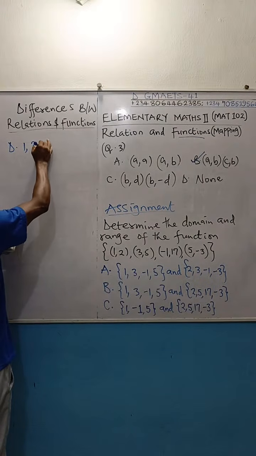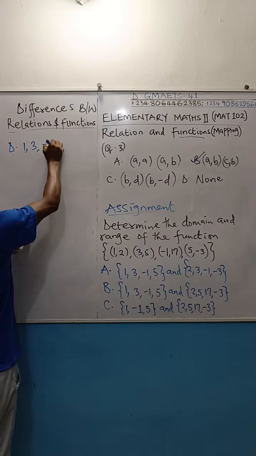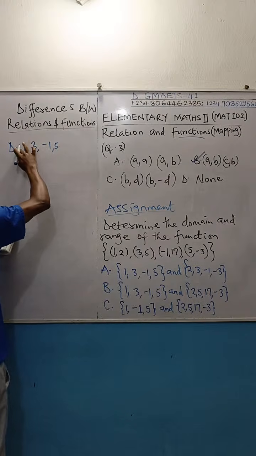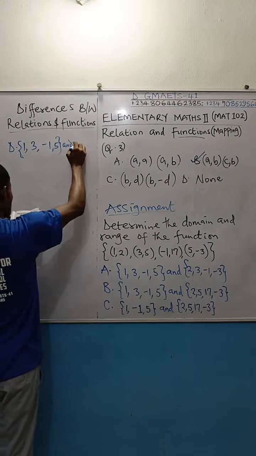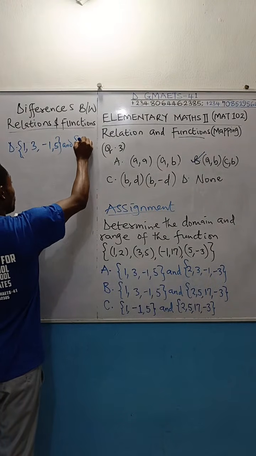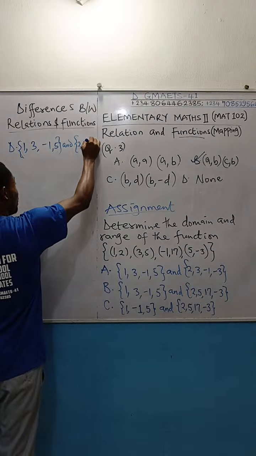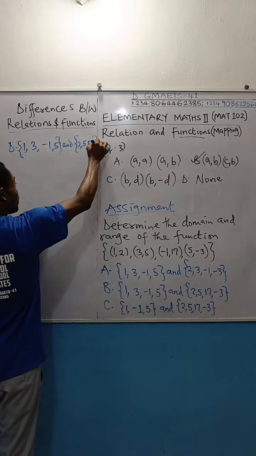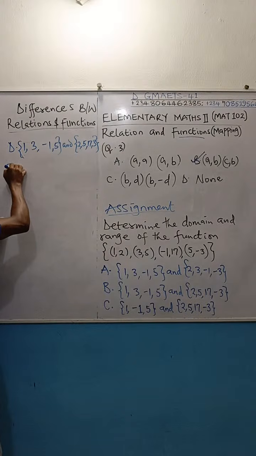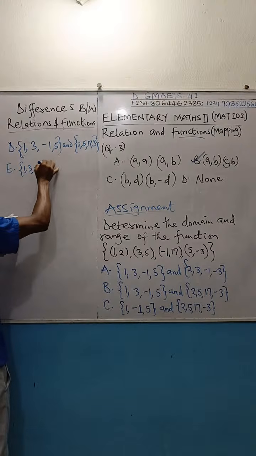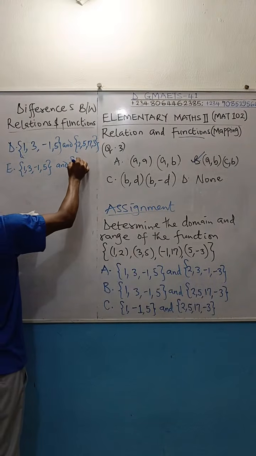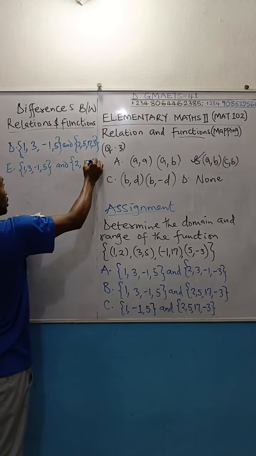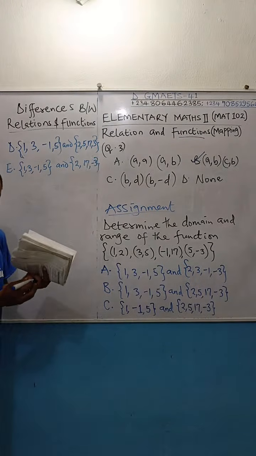1, 3, and then we have minus 1, 5, and 2, 5, 17, and 3. Then the last option E: 1, 3, minus 1, 5, and 2, 17, minus 3.